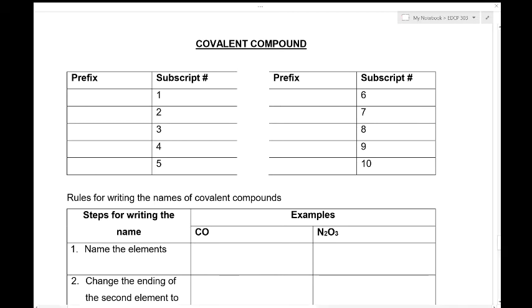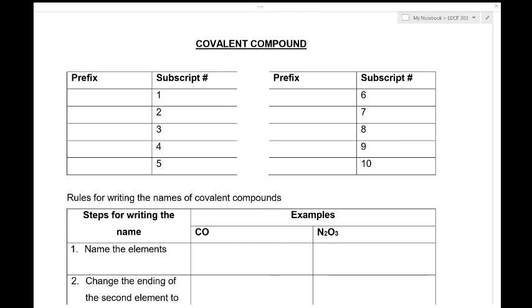We are going to use prefixes to help us name covalent compounds. Depending on the subscript number, it has a different prefix. Prefixes are little snippets of the word that are put in front of an element.